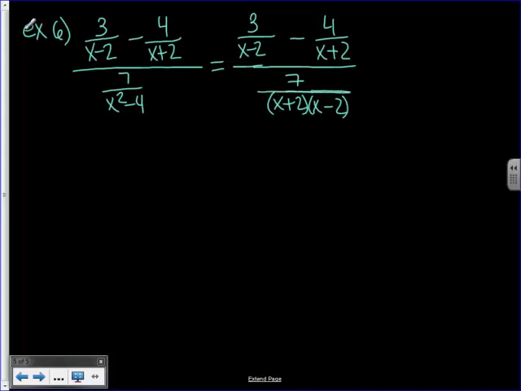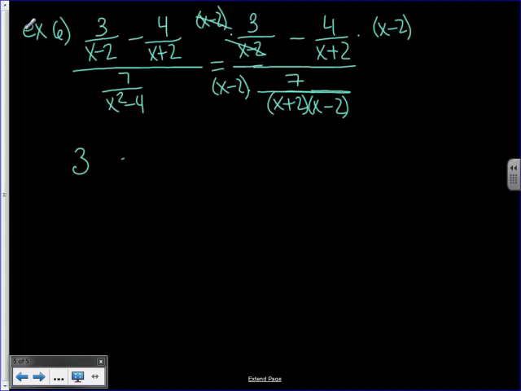Okay, first thing I want to do, which denominator do you want to get rid of first? Well, let's go with x minus 2. So we're going to multiply every piece by x minus 2. Here, my x minus 2 is canceled, and I am left with just a 3.